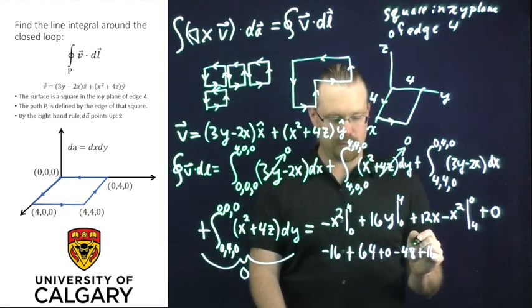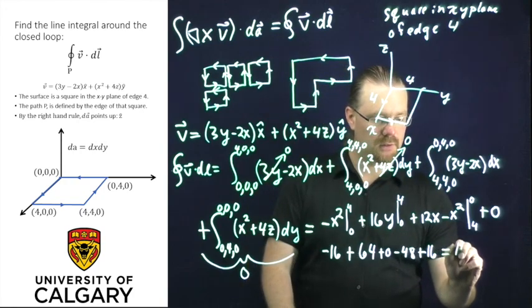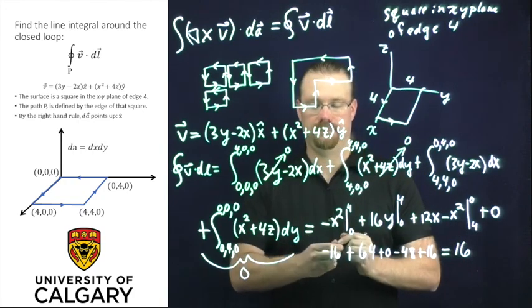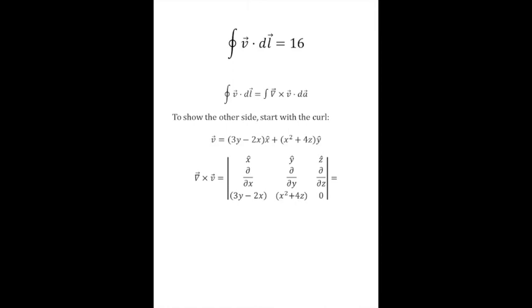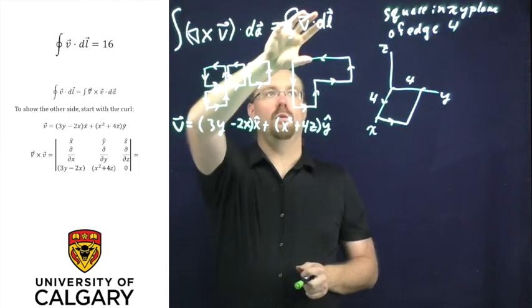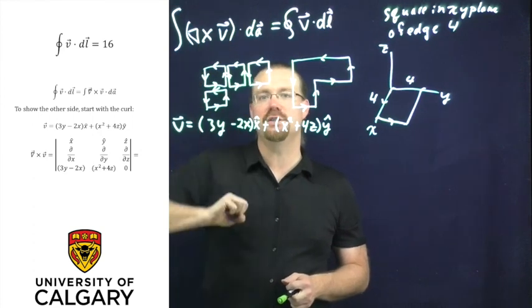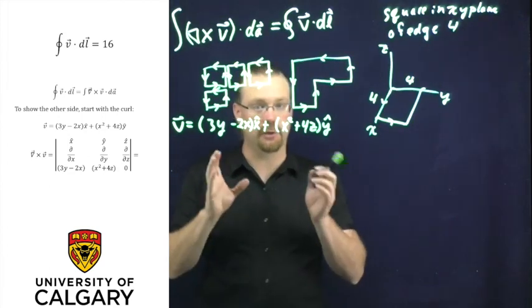And then of course that 0 can just go away. These terms can go away. 64 minus 48 is 16. We now have shown that this side is equal to 16. We'll do this side instead to show that they're equivalent.